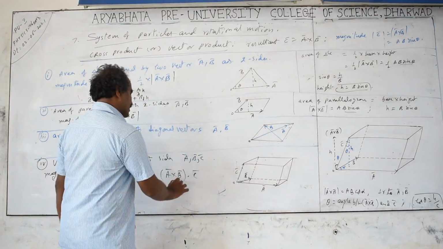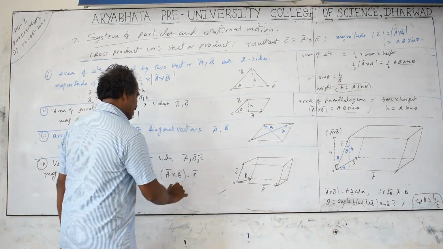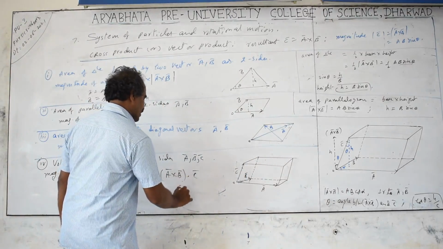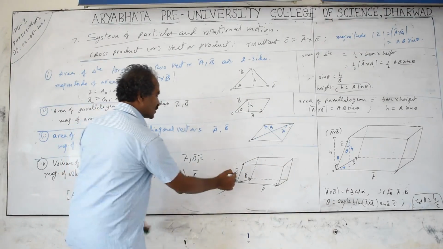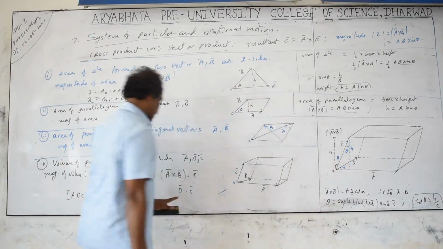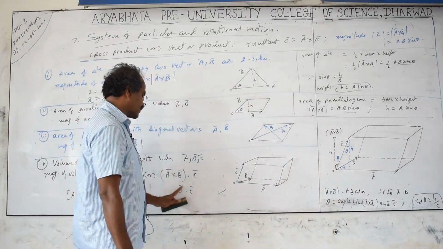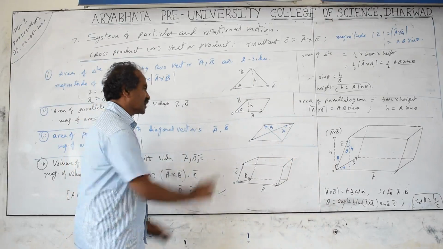The magnitude of A cross B is some vector we take, for example D bar dot C bar. The angle between these two is theta. The result is magnitude of D into magnitude of C into cos theta.